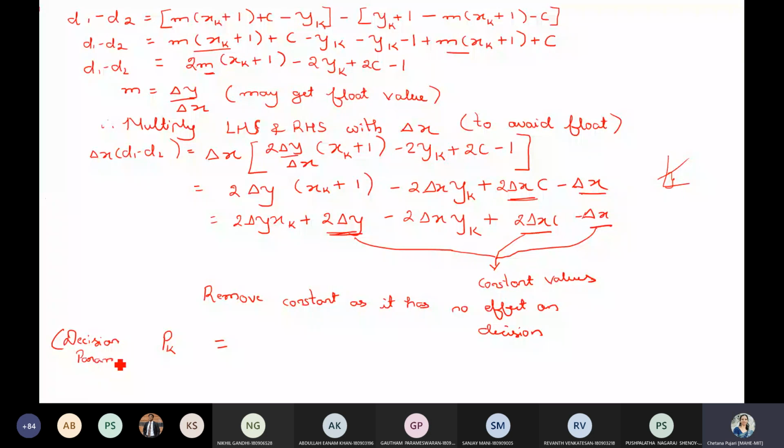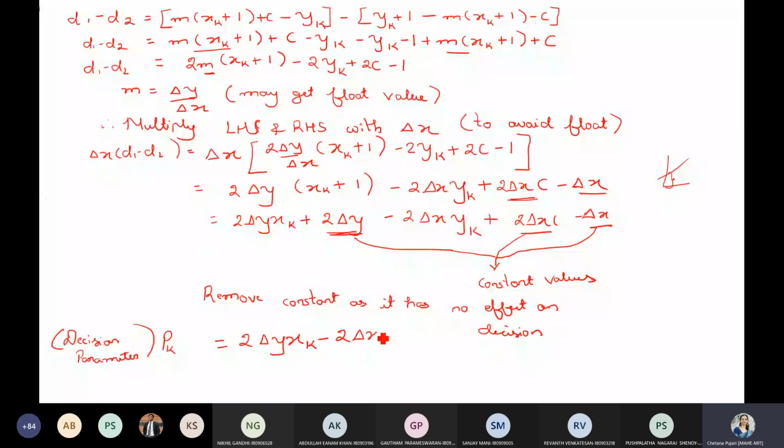So the decision parameter will be 2 delta y xk minus 2 delta x yk. Okay, so this is our decision parameter.